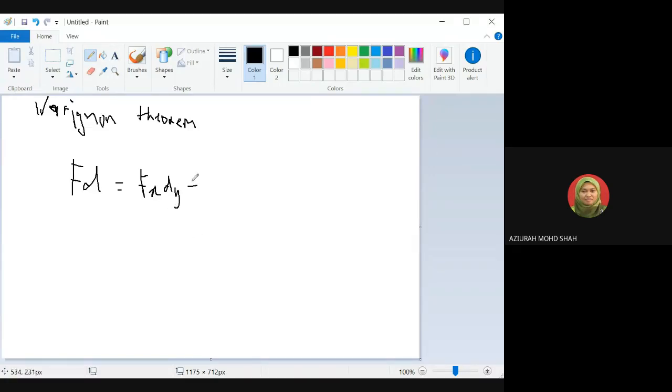So Fx dy plus, you can put plus or minus. Actually it depends. For the general rule, it doesn't matter. So Fy dx, the easiest is to put plus. So it means Varignon's theorem: the moment of the resultant is equal to the summation of the moments of each component. That's how it is. So this is Varignon's theorem.